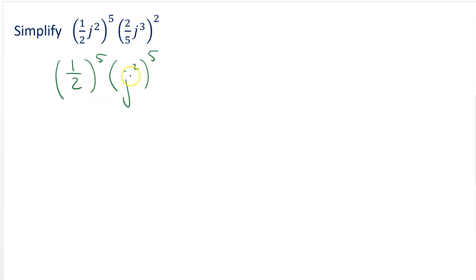We will simplify that more in a second, but let's move on to the second polynomial. Notice again the parentheses mean the 2/5 is raised to the 2nd power, and the j to the 3rd is also raised to the 2nd power. So I have 2/5 to the 2nd power, and I have j to the 3rd to the 2nd power.